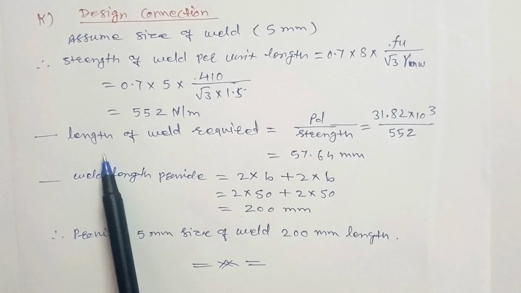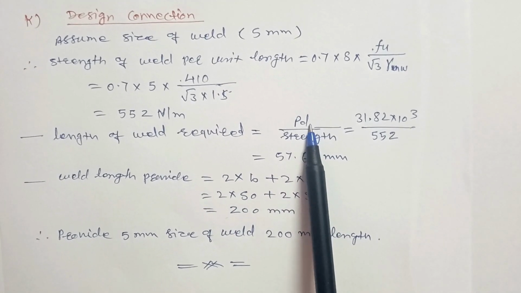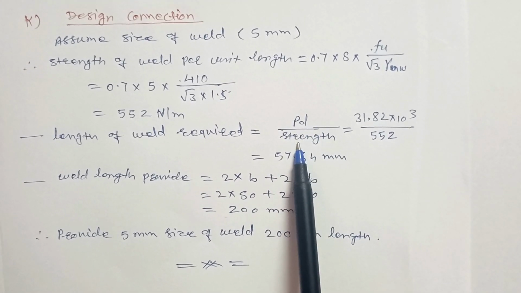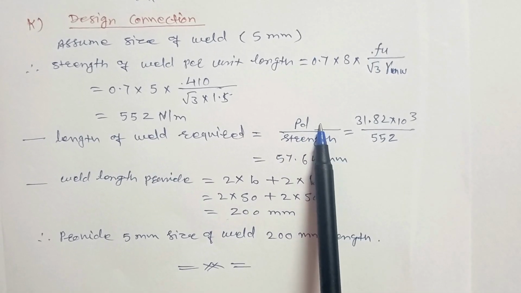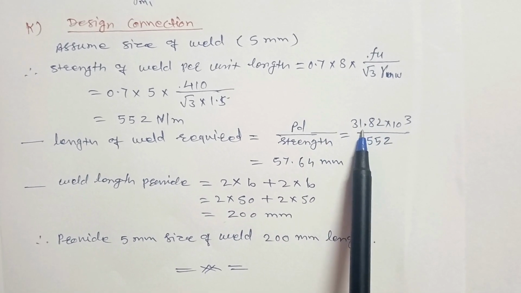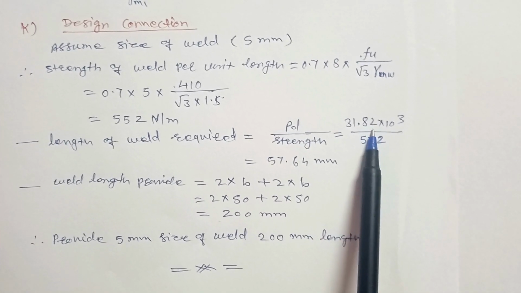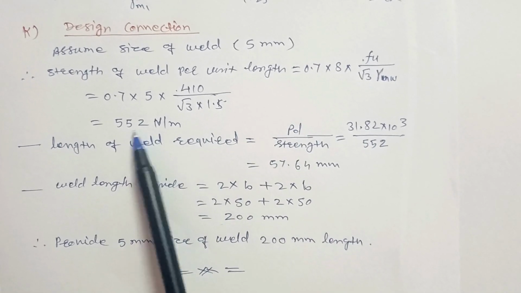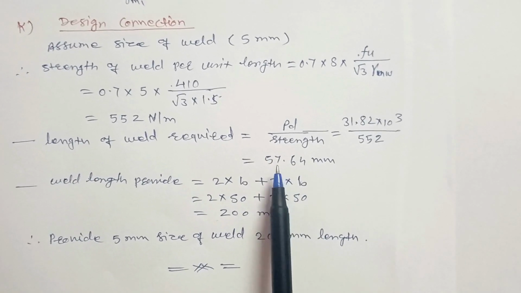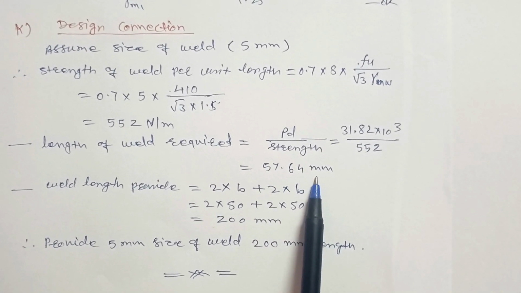The length of weld required we can calculate as the strength of the lacing flat divided by the strength of weld. The strength we have earlier calculated is 31.82, divided by the strength of weld, so it is calculated as 57.64 mm.